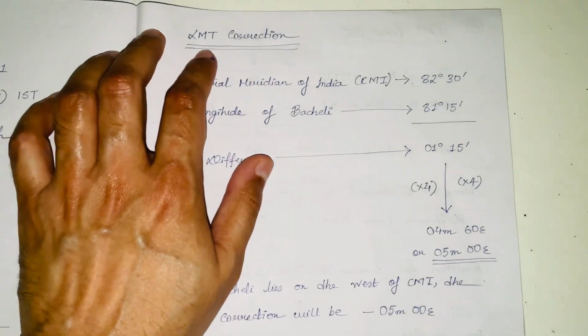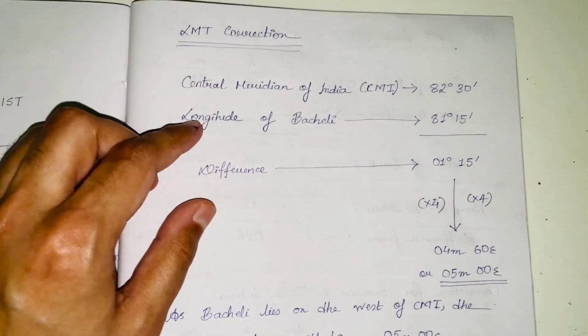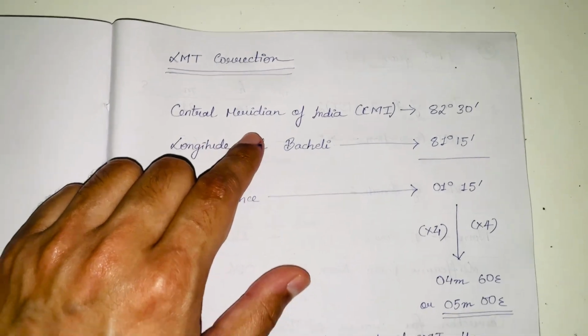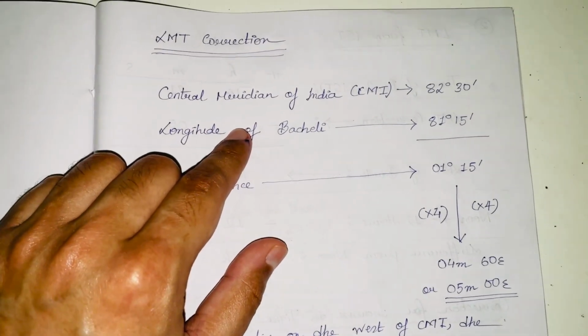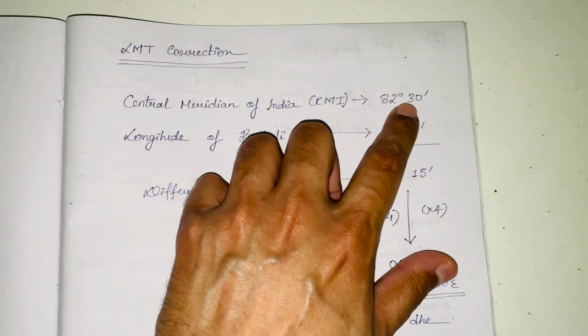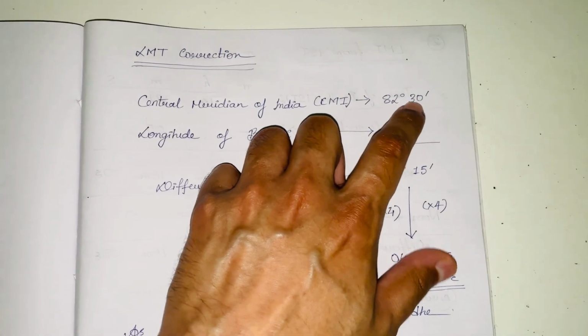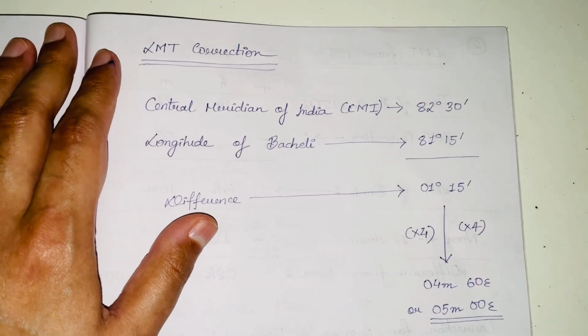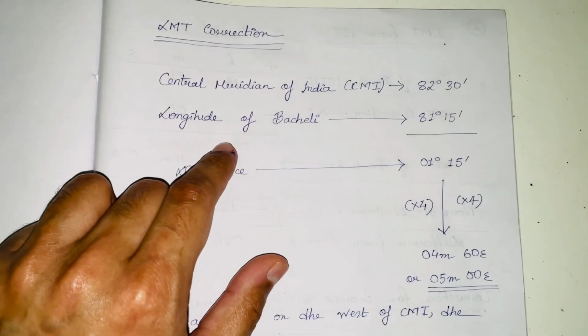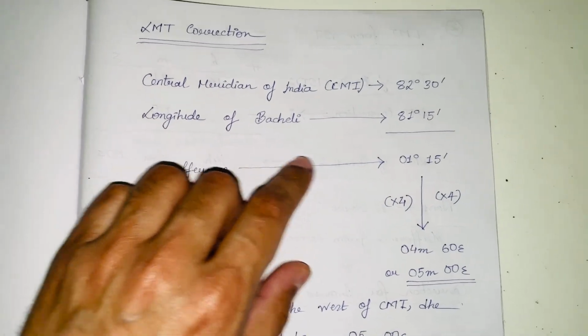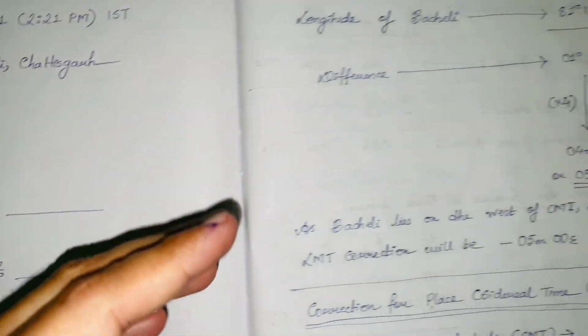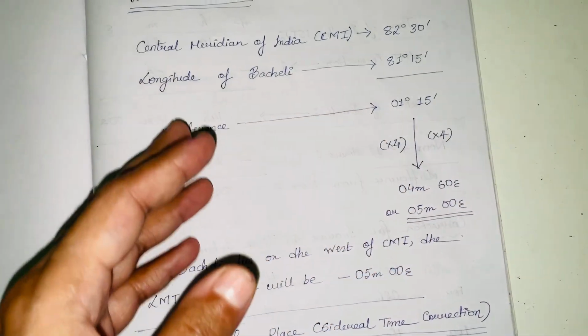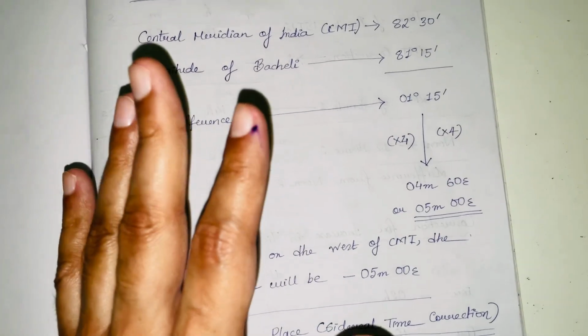Now, the LMT correction. The central meridian of India, the standard meridian of India, is 82 degree and 30 minutes, right? This is the CMI value. Now, you have to write down the longitude of BACHELI, which is 81 degree and 15 minutes. Here the north and south is not what we are focusing on.